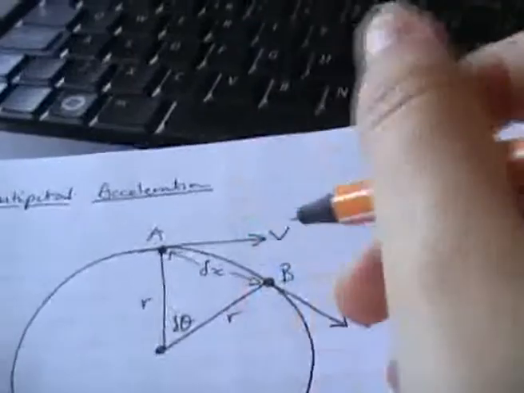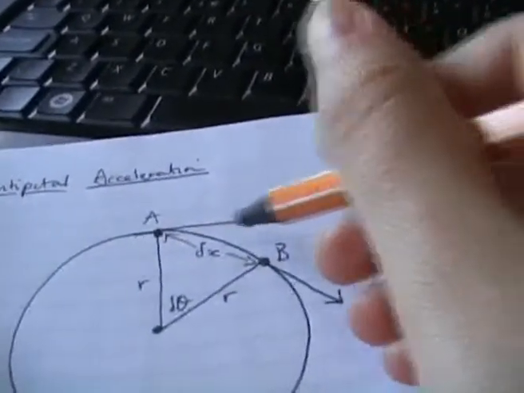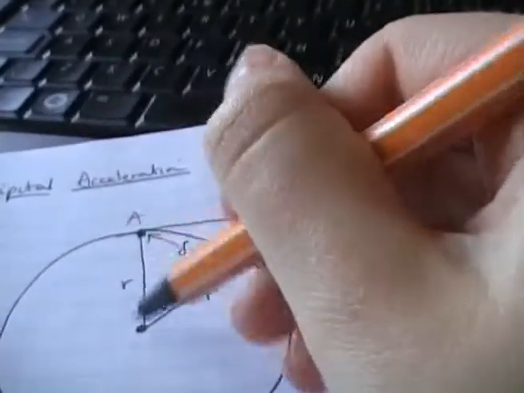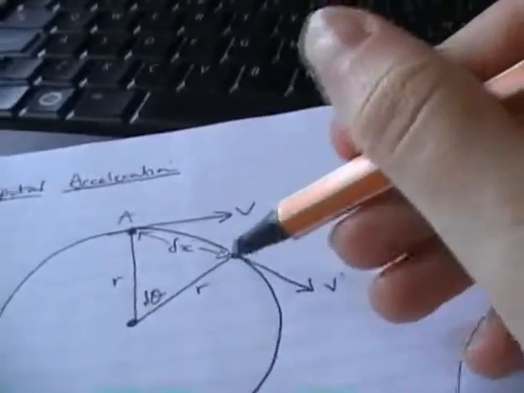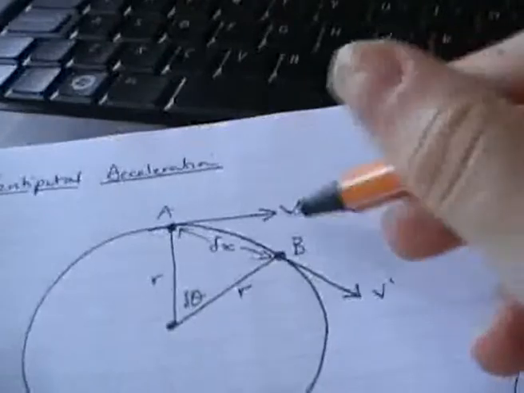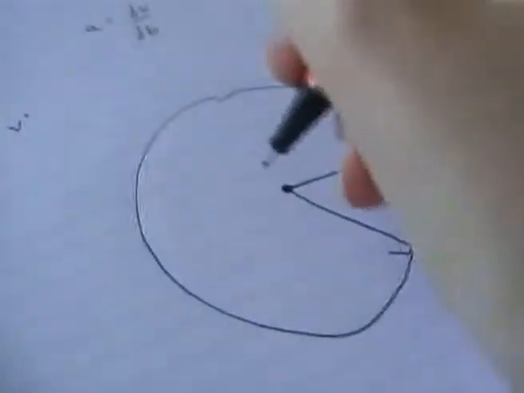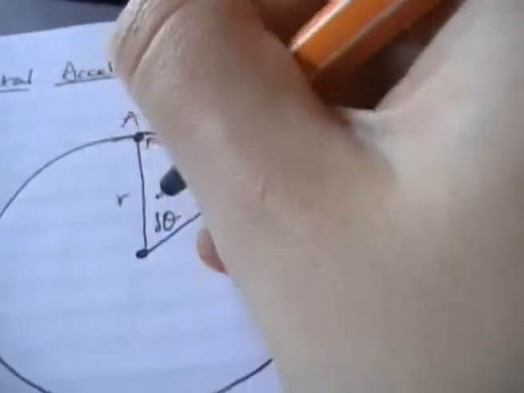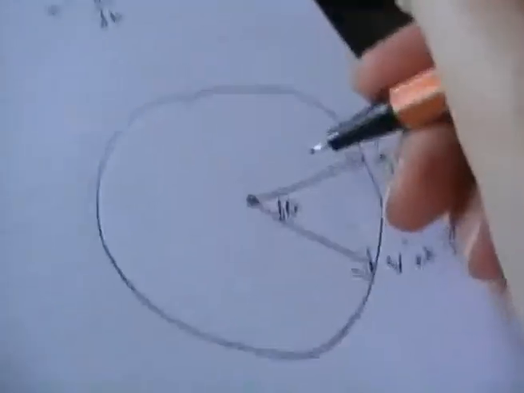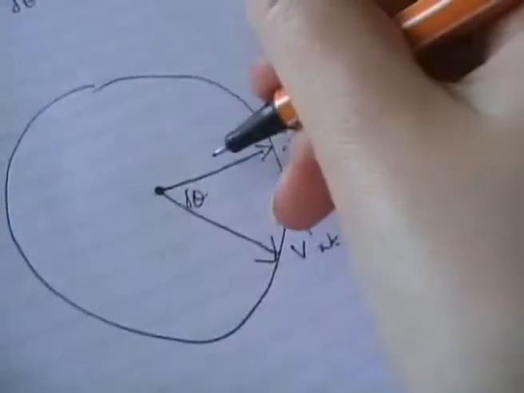Now, because this velocity vector is at 90 degrees to the radius, and again this one is 90 degrees to the radius, then if you have a look, this angle here is going to be delta theta. It's the same delta theta as this delta theta, which does make sense. And the radius in this case is going to be v.